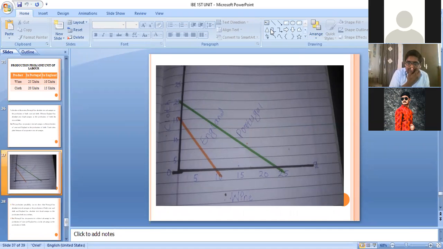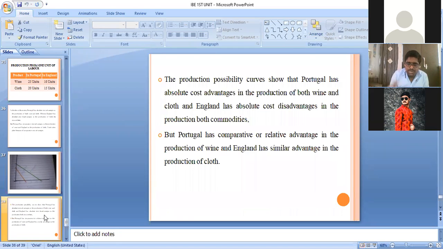See, in the possibility curve of England, England has absolute advantage in the production of cloth. Before this, I gave the conclusion of the possibility curve that Portugal has an absolute cost advantage in both wine and cloth, but England has a disadvantage in both commodities.